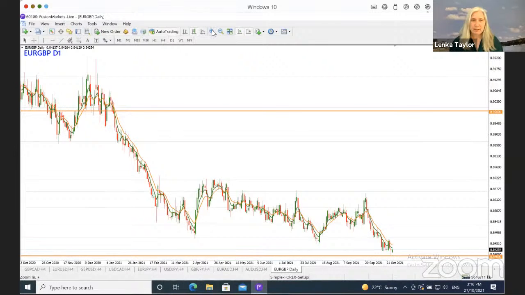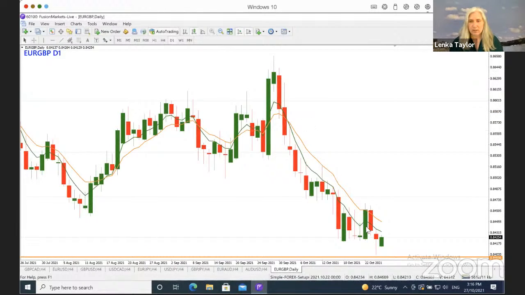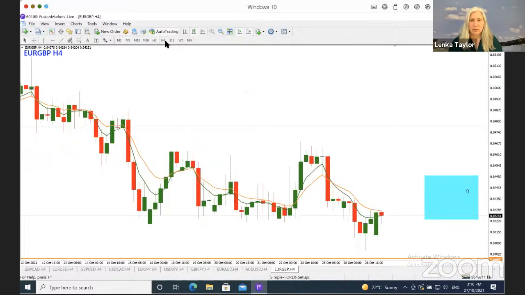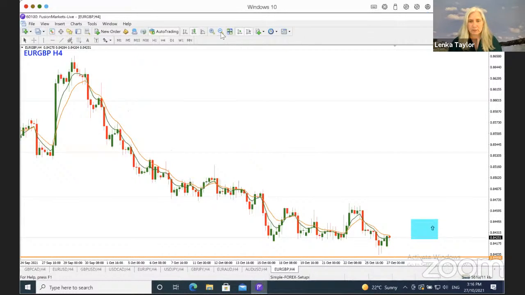On the daily, we now have a pin bar, which is great, but I'm looking for something a little bit stronger and a bit more sideways or upward movement before deciding to go long. On the 4-hourly, it looks a little bit messy. It's been going sideways, had that little dip, so I'm looking for more sideways price action.